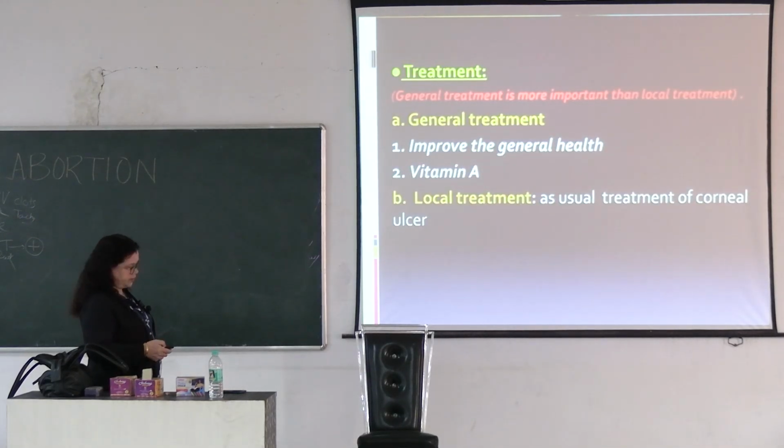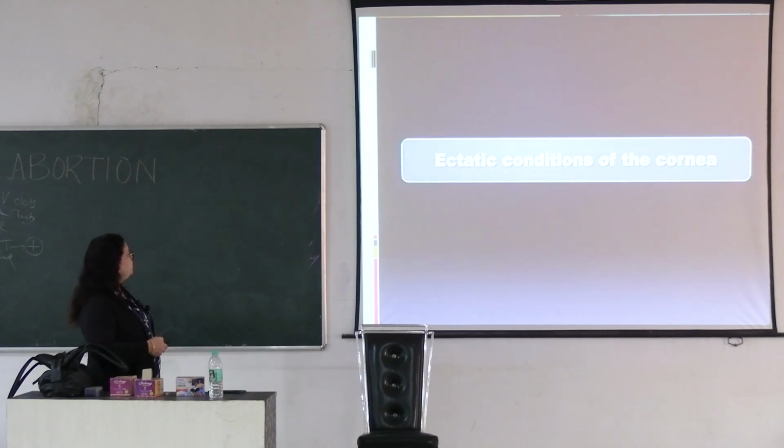Then treatment: general treatment is given, the patient's health is improved, and vitamin A deficiency is controlled with supplementary vitamin A, diet, vaccines and serum. Local treatment is the same as for any other bacterial corneal ulcer.